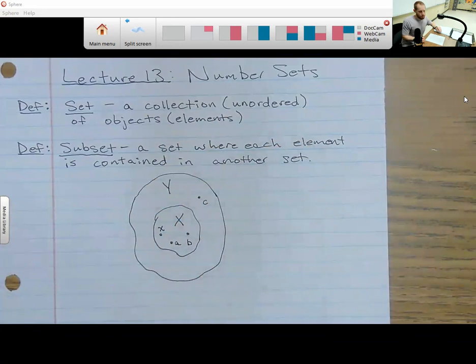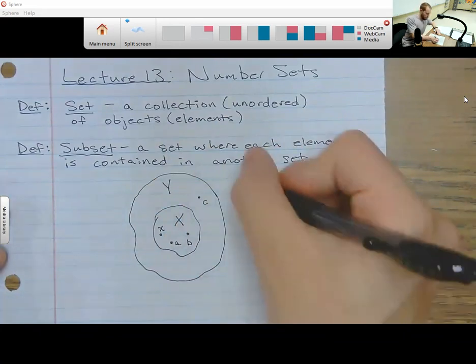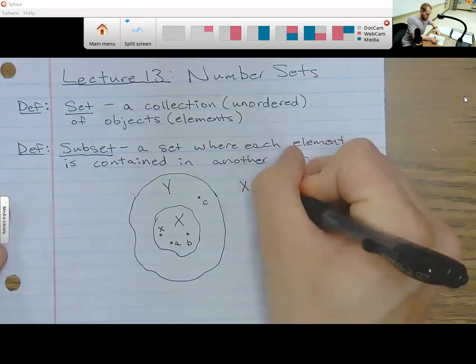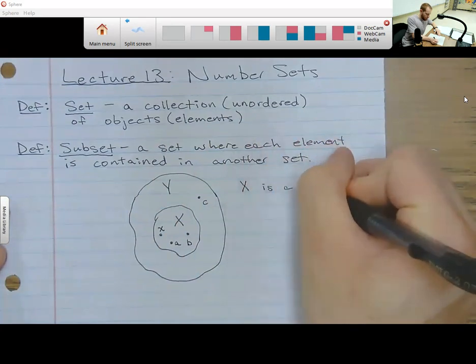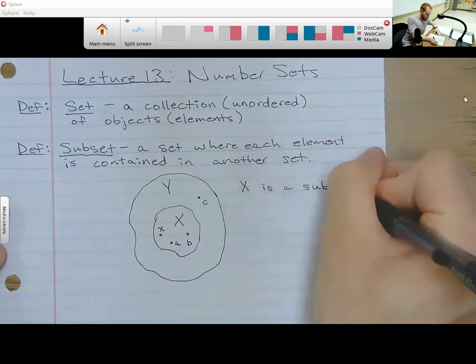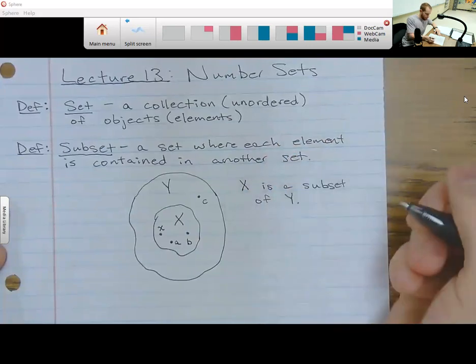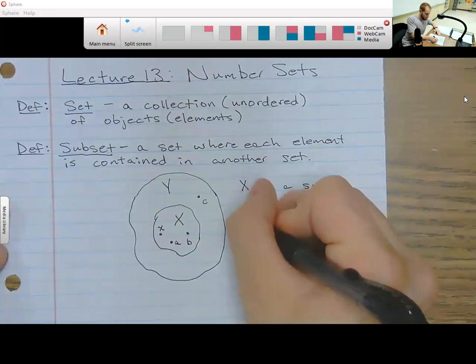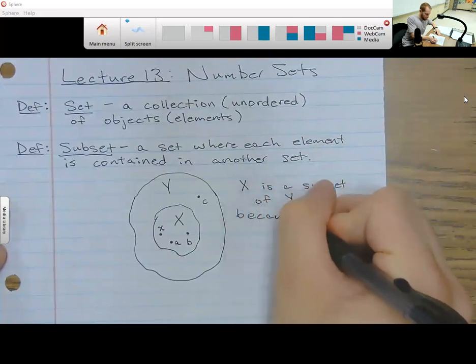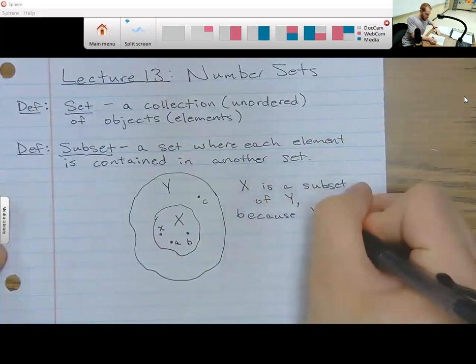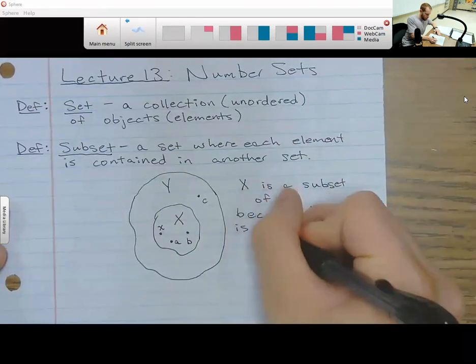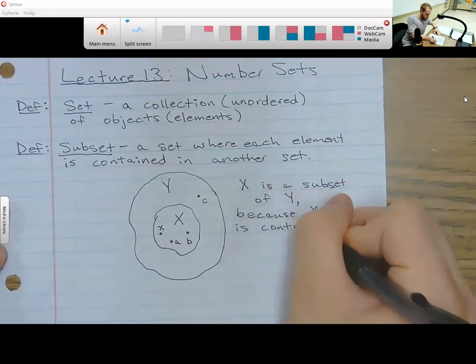Notice that every single element in X also belongs in Y. So we say that X is a subset of Y, because X is contained in Y.